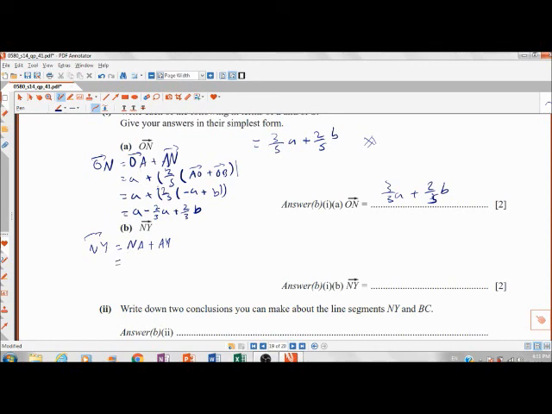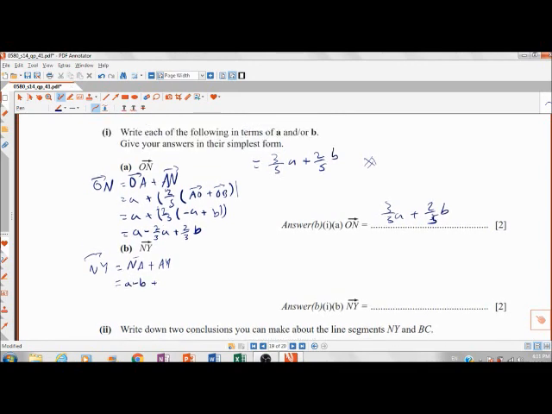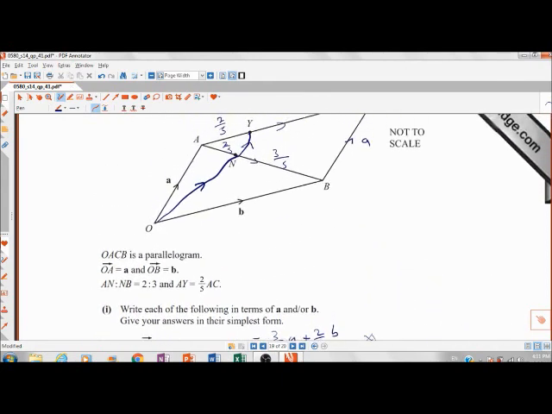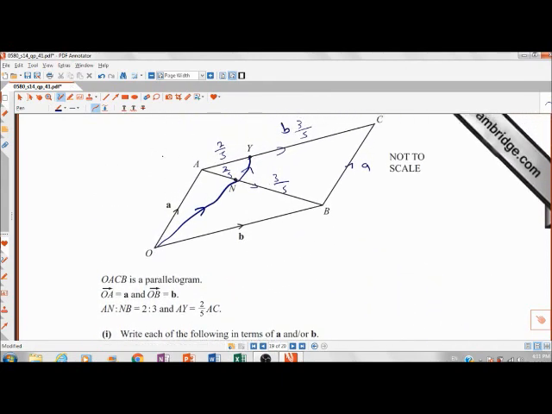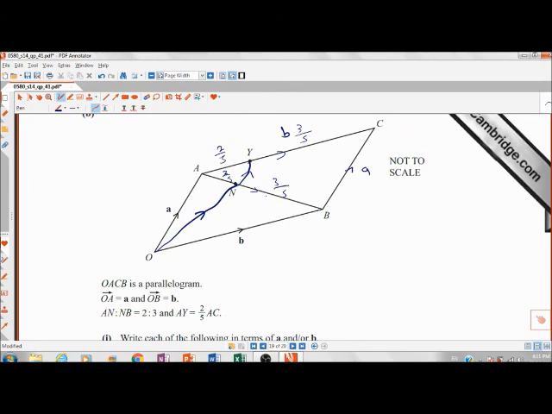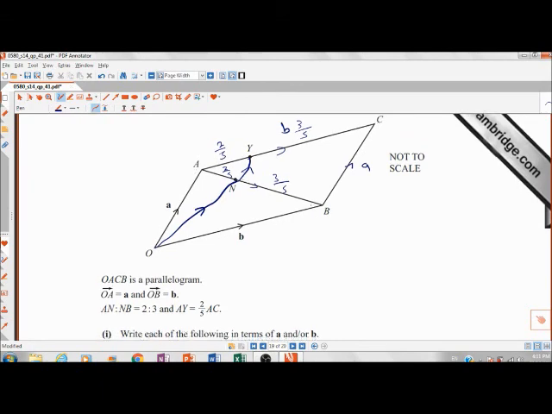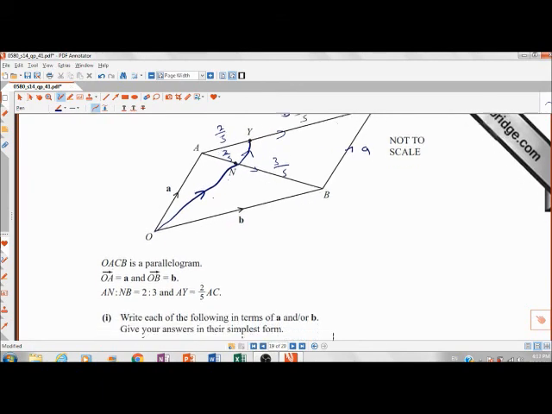NA we just found AN, so just the opposite, so negative. The same thing here, but the opposite signs. So it's positive 2 over 5a minus 2 over 5b, plus AY. AY is 2 over 5 of AC. So how to find AC first? AC is AB plus BC.